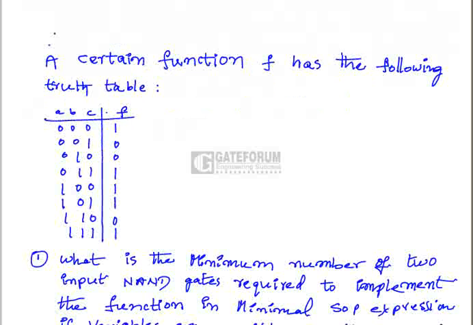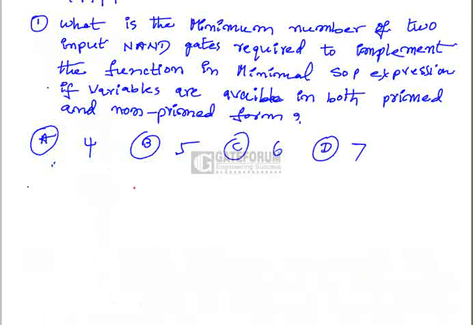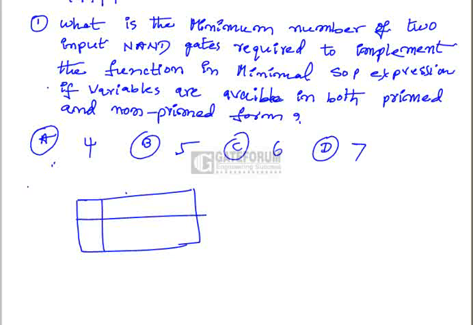So this is a common data question. There are 2 questions based on this data. The question number 1 is: what is the minimum number of 2 input NAND gates required. First of all, we have to find out the sum of products format for this. So we have to use the Karnaugh method for simplifying the above truth table, the Boolean function, which is given in ABC format.